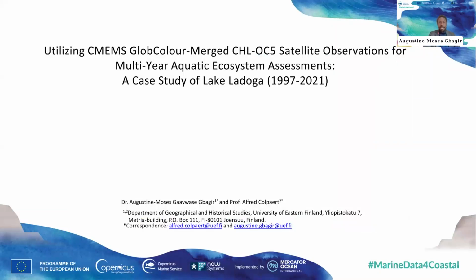So basically, I'll be presenting a use case where we utilized the Copernicus Marine Environmental Monitoring Service chlorophyll data to perform a multi-aquatic ecosystem assessment using Lake Ladoga as a case study.